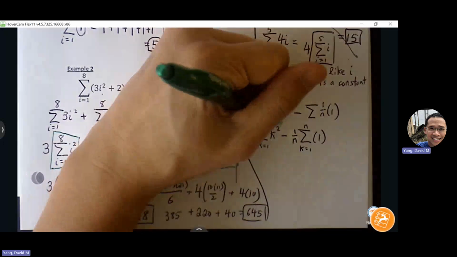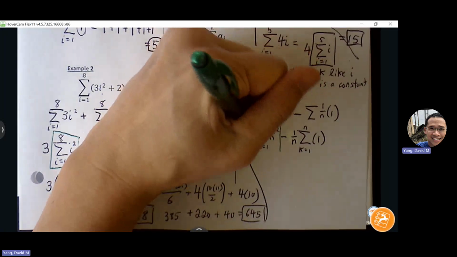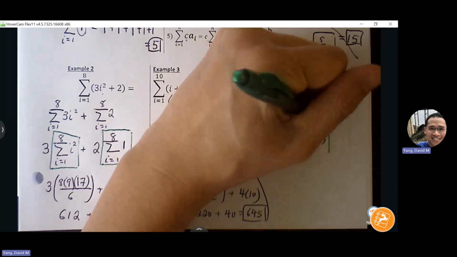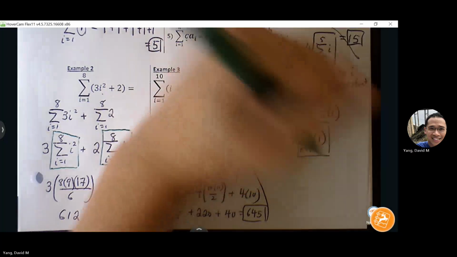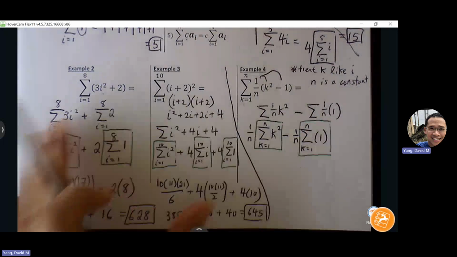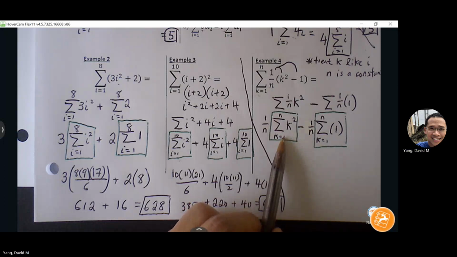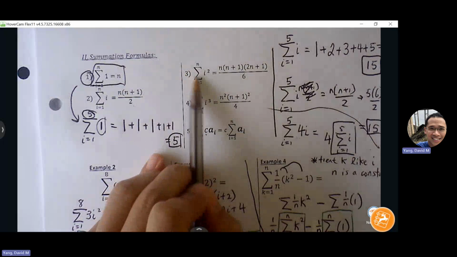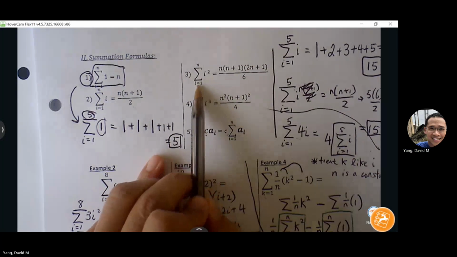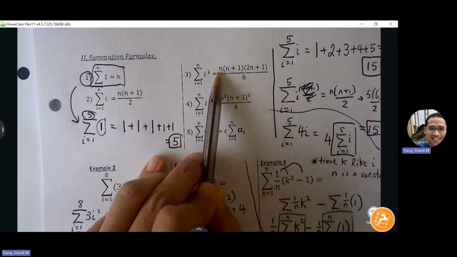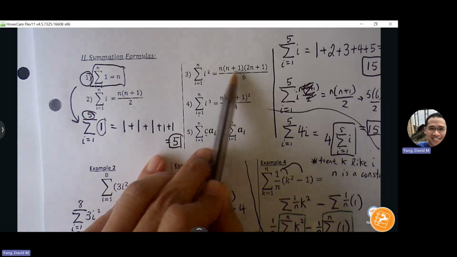I'm going to box off the parts that I'm going to change because of my rule. Whatever's outside is just going to stay with my answer. What rule can I use for summation from 1 to n of k squared? Same rule as I squared, just a different index. But I don't have an n value, so I have to hold on to all my n's.